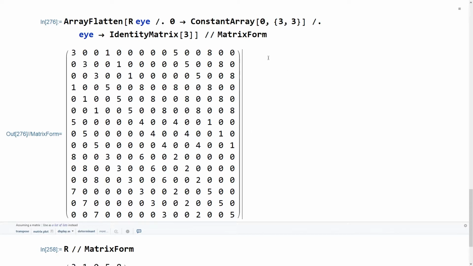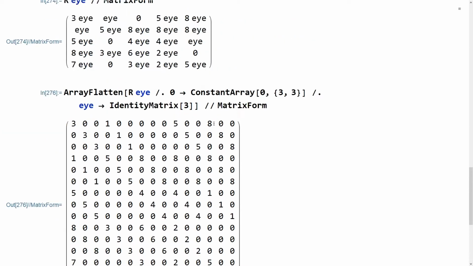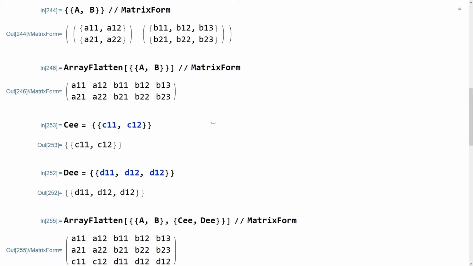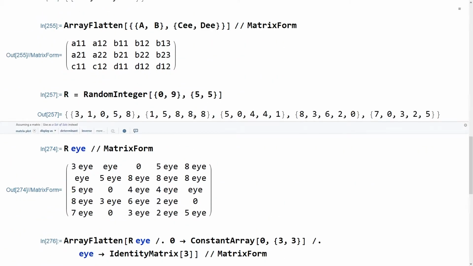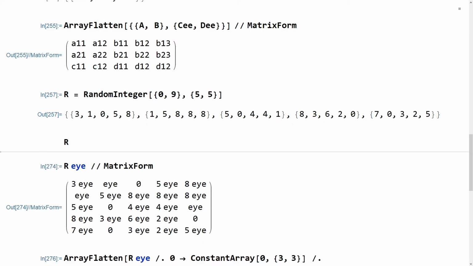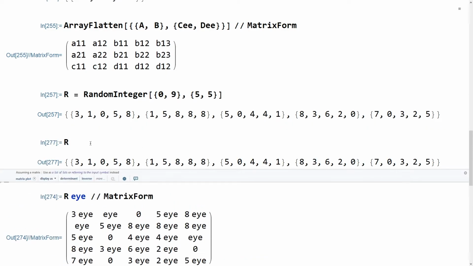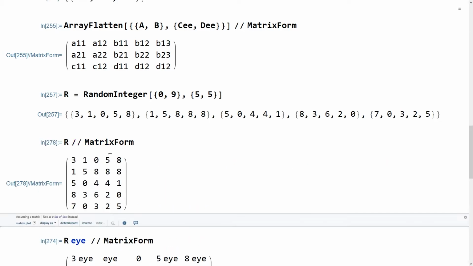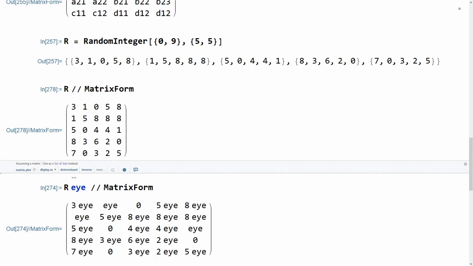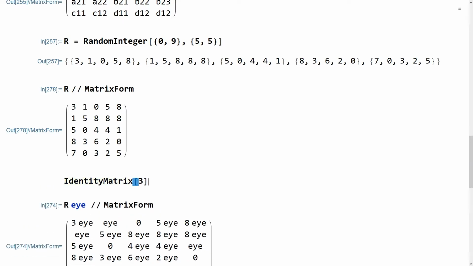I will point out that there's actually a mathematical command that will let you do this, because what we've done here is something called a tensor product. This is really the tensor product of this matrix R with the identity matrix, in matrix form, and then we have this identity matrix of size 3.